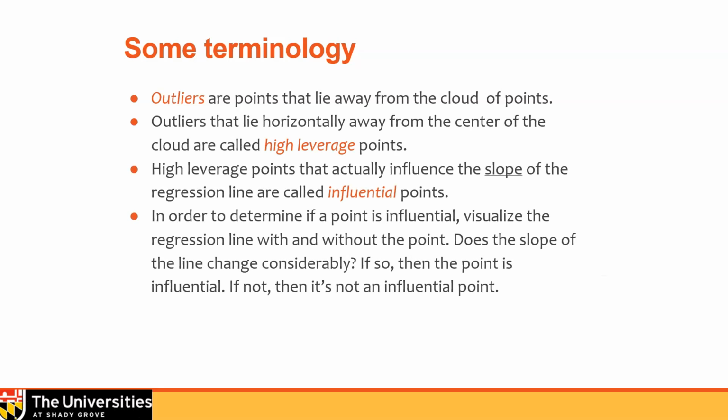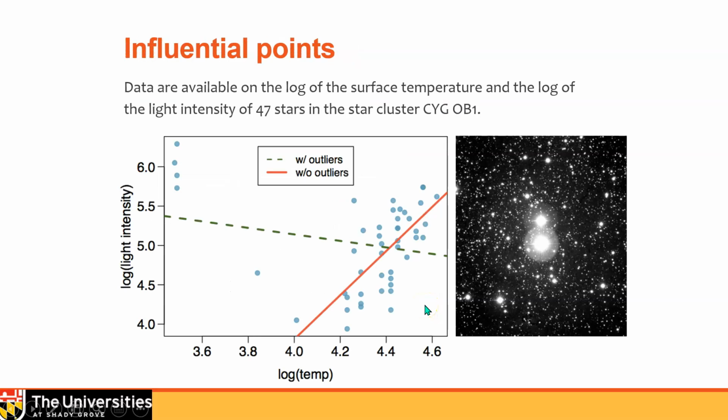So how can we tell if a point is influential? We basically exclude the outlier from our data and take a look at the slope of our line. Does it change considerably? Here you've got something pretty dramatic, where you've got these outliers to the left, and then the mass of data, if you think of the center of mass of the data as here.